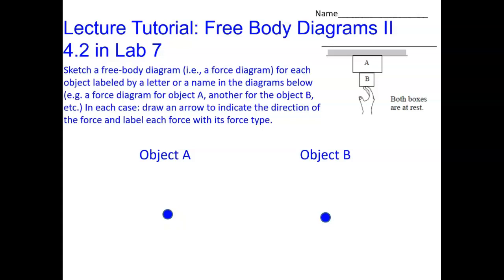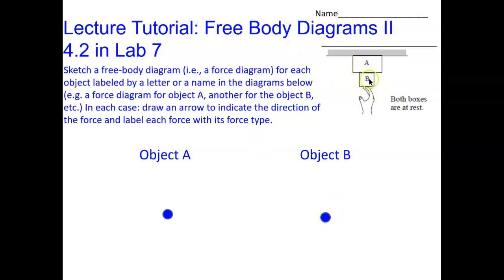This first one is object A, which is the one up here that's pinned against the roof. So ask yourself, what is physically touching it? And also make sure you include the weight of the object too.